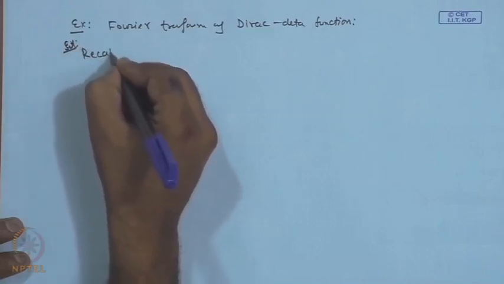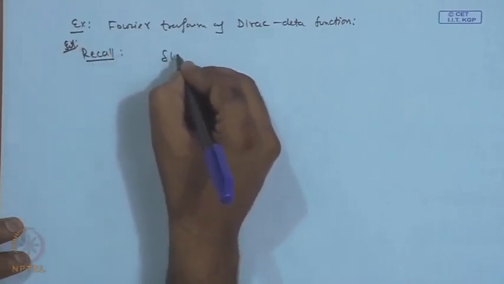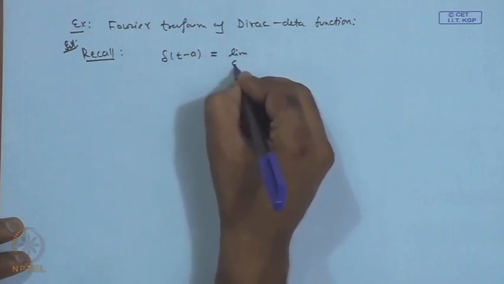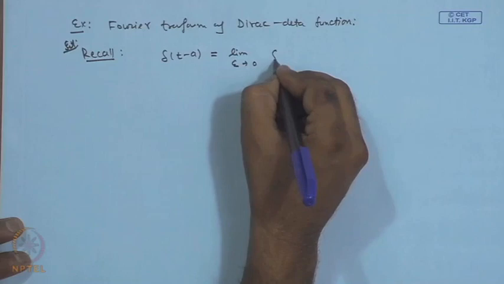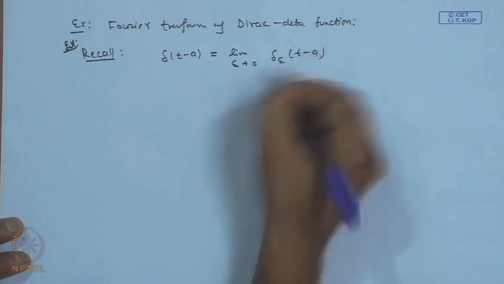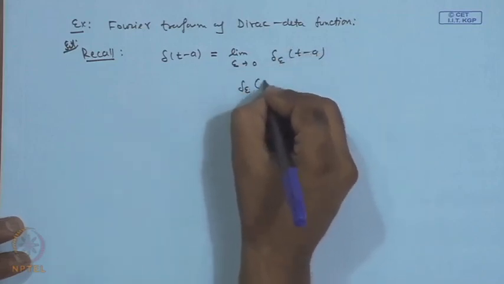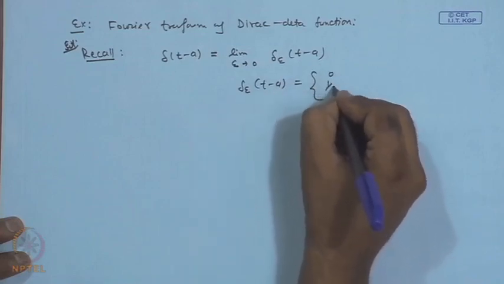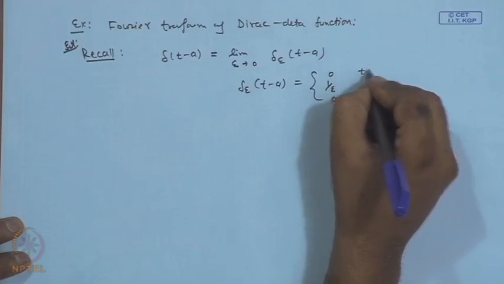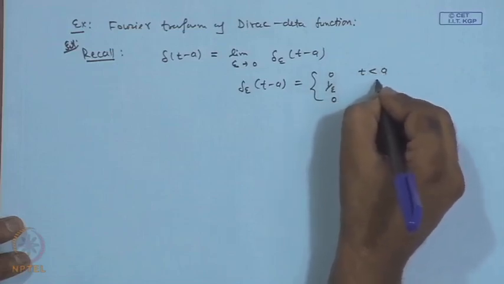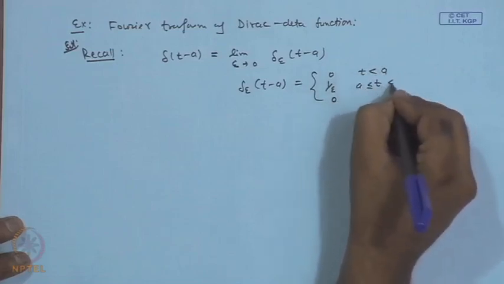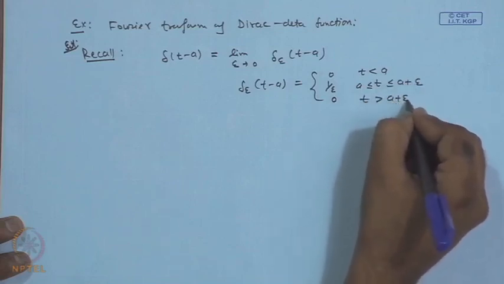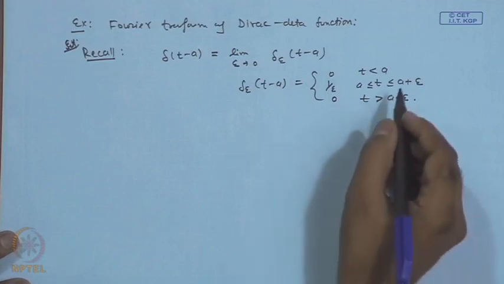So just to recall, it was delta t minus a, and we considered this as a limit of the delta epsilon function. So just remember, this delta epsilon t minus a was 0 when t is less than a, 1 over epsilon when t is between a and a plus epsilon, and again 0 when t is greater than a plus epsilon.